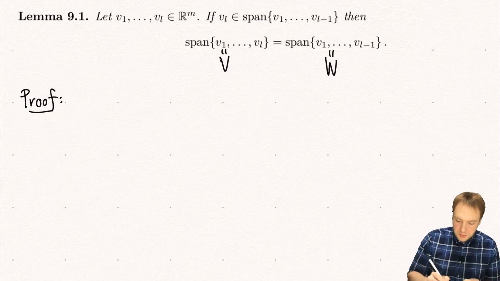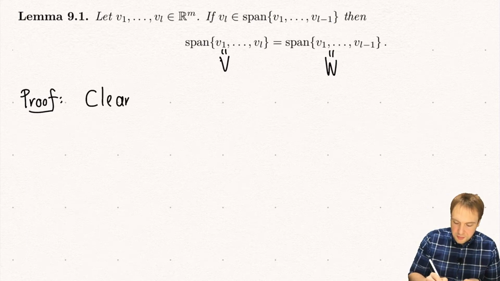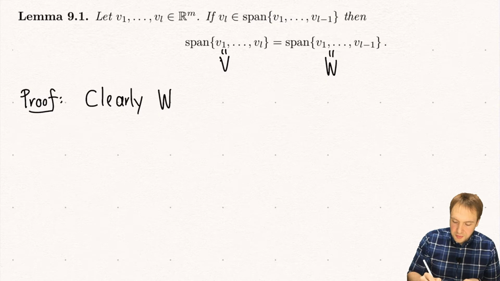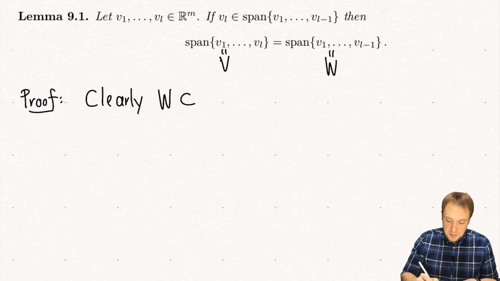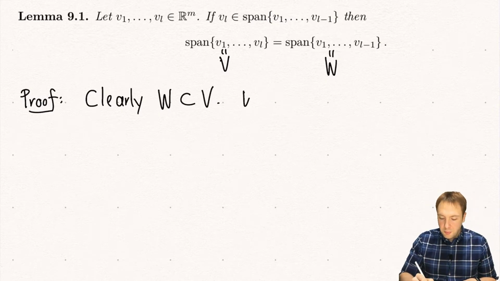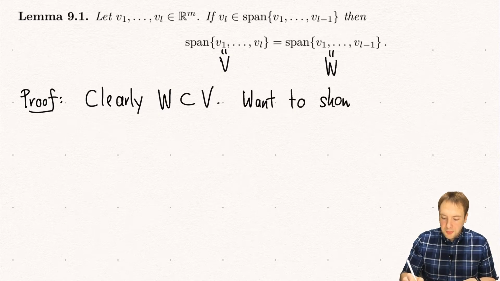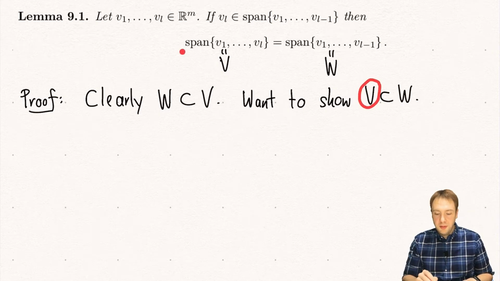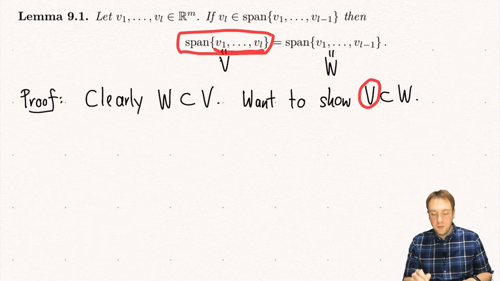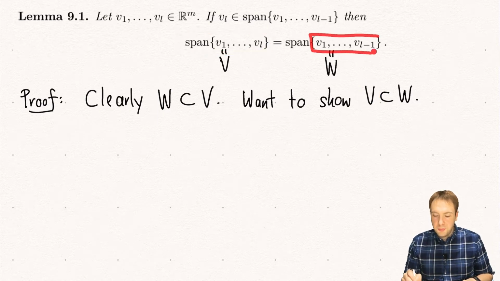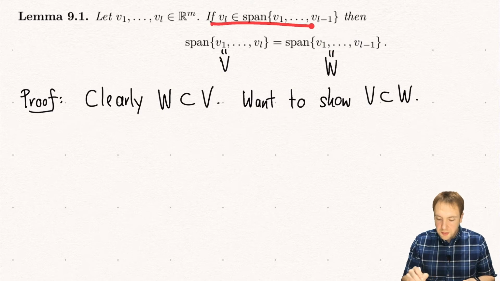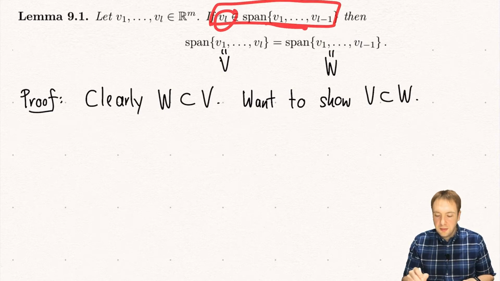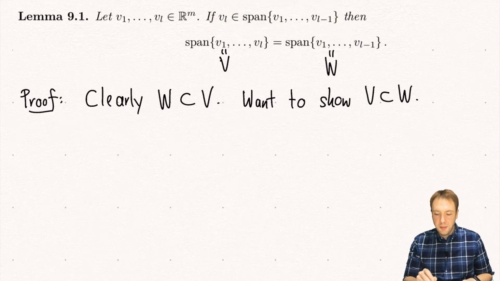So this direction is clear, we know that W is contained in V, and what we want to show is the other direction, that V is also a subset of W, meaning that any vector in V, so any linear combination of these vectors, can also be written as a linear combination of these vectors, assuming that this VL is in the span of the first L minus 1 vectors.